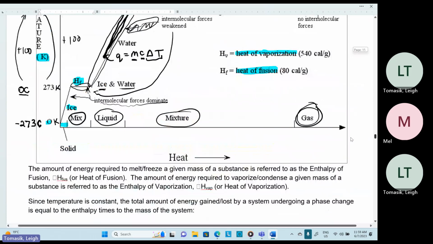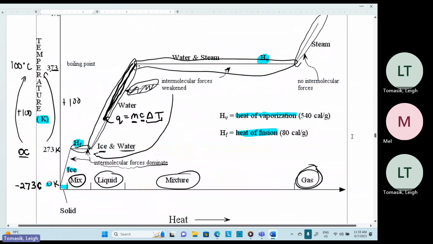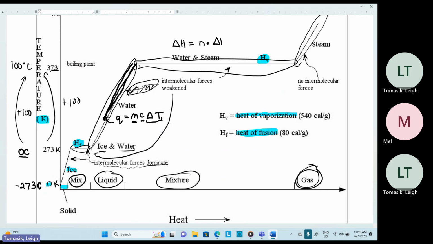But when it's plateauing, you are going to use delta H equals n times delta H molar. So we would use the first formula and then the second, and then add them together to get our answer.